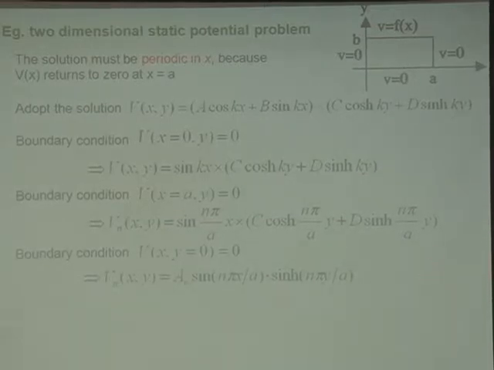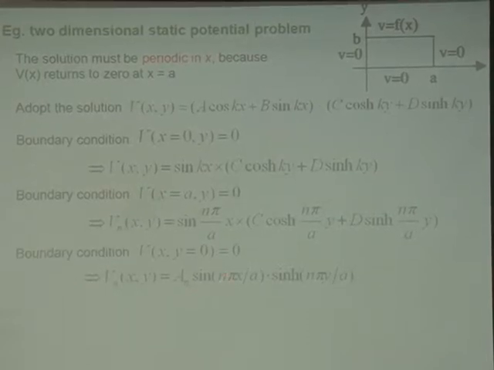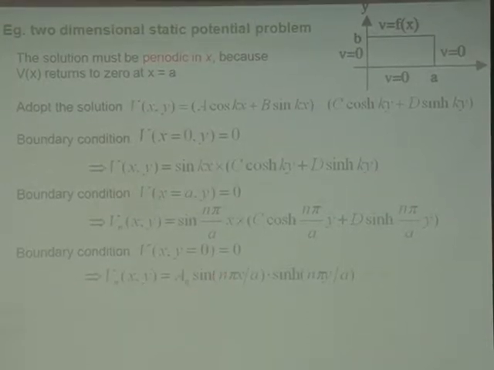And then you have this solution. Well, n is an integer. It can be 1, 2, 3, 4, 5, or even a minus value. So any value of n will give you one solution.